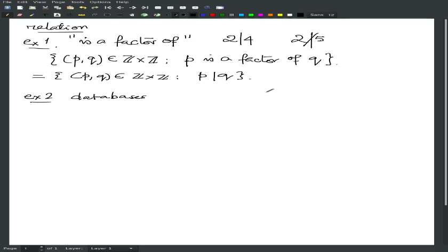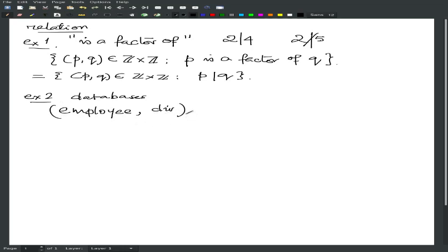So each employee and an attribute, say the department or division, such pairs of data are stored.